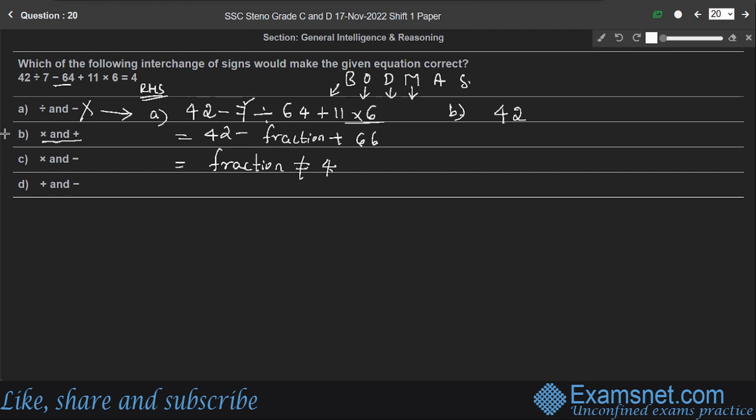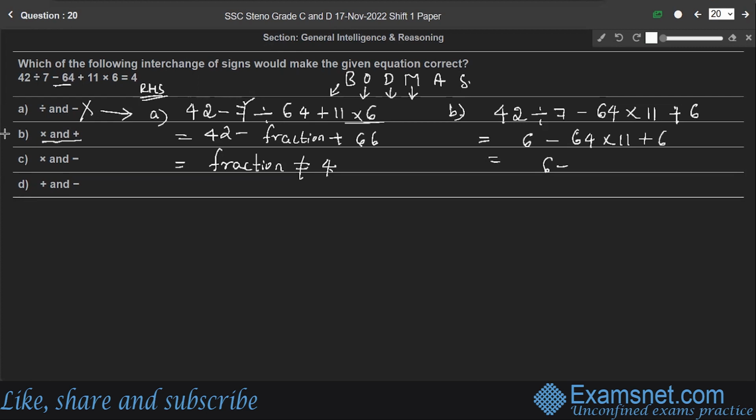Just interchange multiplication and addition signs, and the remaining signs will be as they are. 42 divided by 7 minus 64 plus 11 into 6 becomes 42 divided by 7 minus 64 into 11 plus 6. So 42 by 7 is 6, minus 64 into 11 plus 6. You will get a negative integer, which is not equal to 4.